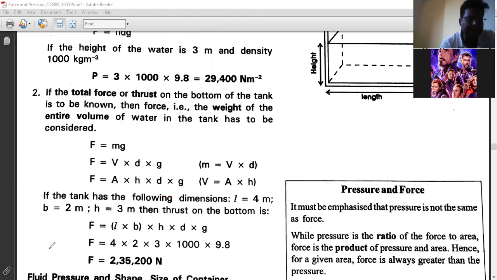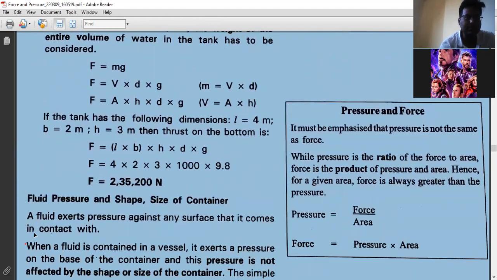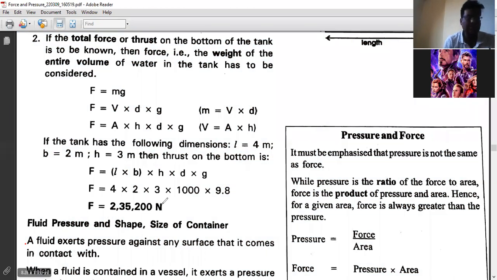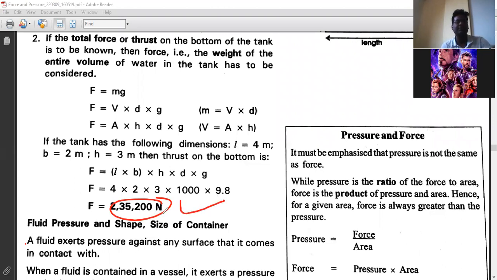So basically we have put the value and calculated the pressure for a fixed dimension. So this much amount of force will be coming out, 2,35,200 Newton, right? We have put all the values: length, width, height, density and g. So this much amount of force is acting downward on the bottom.